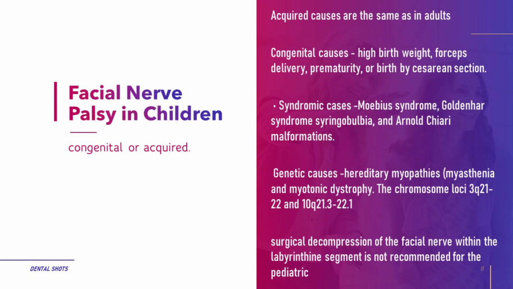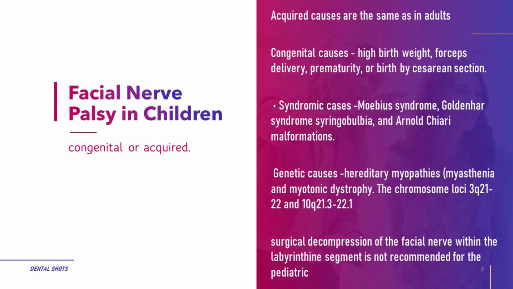We also have to look at facial nerve palsy, especially in children. Besides the etiologies we already saw, the other causative factors are congenital causes, such as high birth weight, forceps delivery, prematurity, or birth by cesarean section.